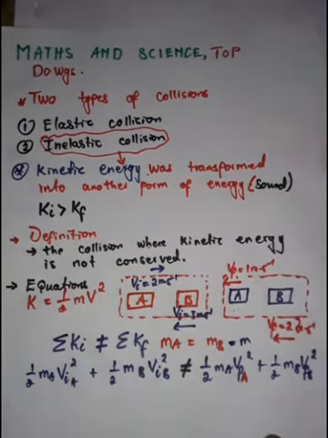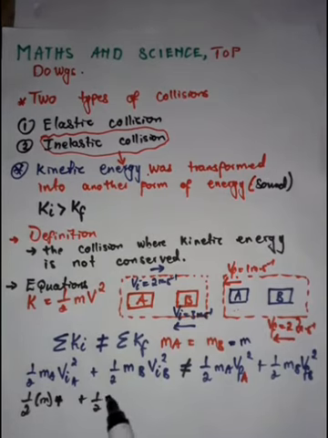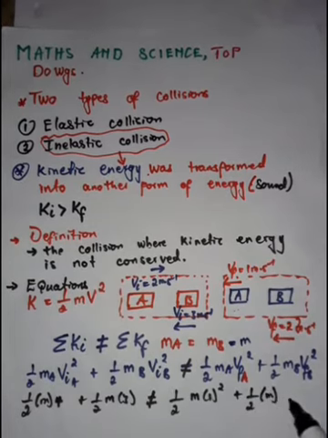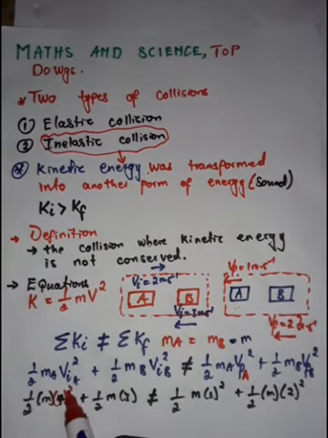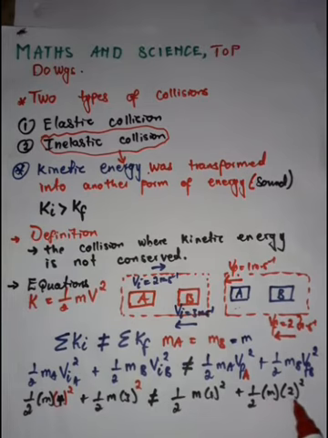So let's prove that. The initial is given by half m times 4 squared plus half m times 3 squared. It must not be equal to, that's the rule of inelastic, half m times 1 squared plus half m times 2 squared. Here it is clear that this one is greater than this one.